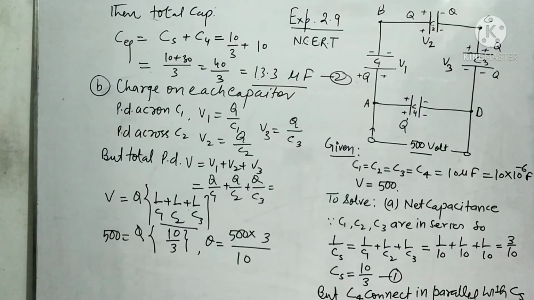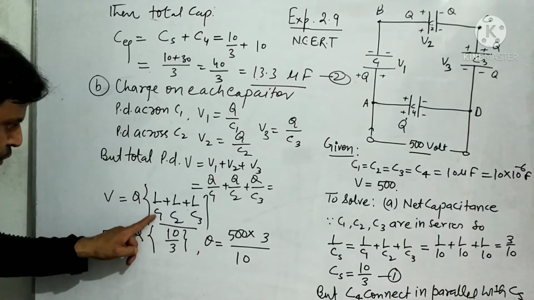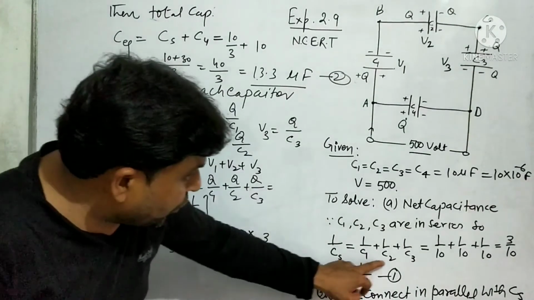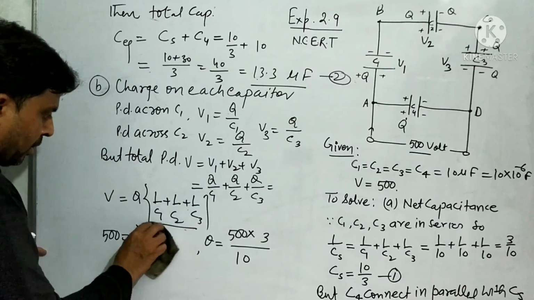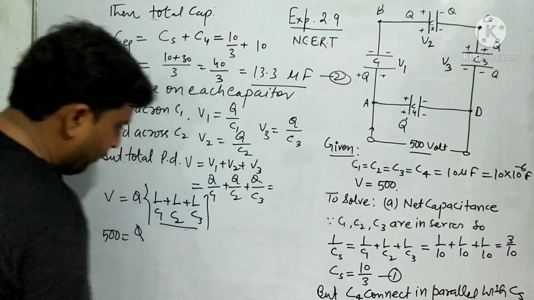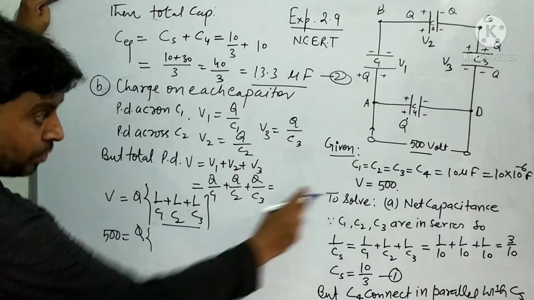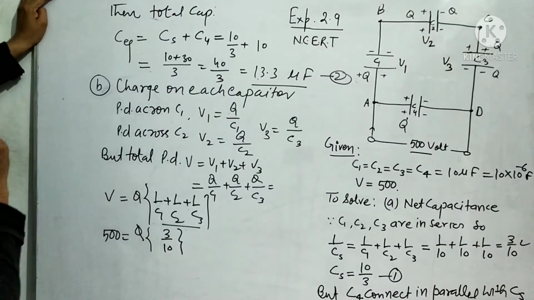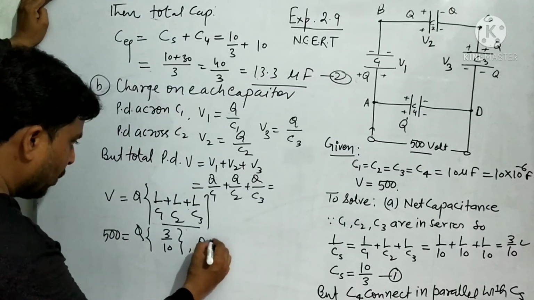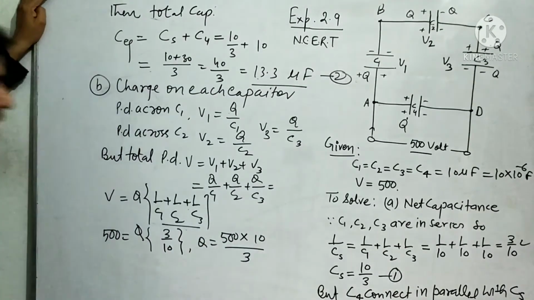How much charge is here? Please calculate it. Sorry, 1 upon C1, 1 upon C2, 1 upon C3 is 3 over 10. Sorry, very sorry. It is not 10 over 3. That's why I was in confusion. 1 upon C combined, that is, how much is there? This value, 3 over 10. Now, Q equal to 500 into 10 divided by 3.